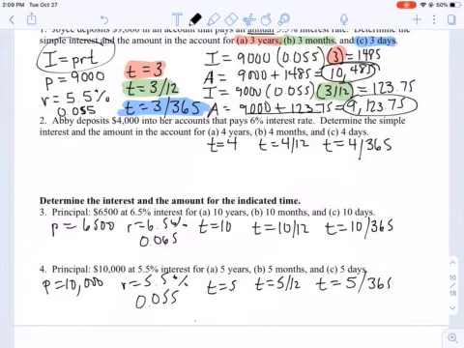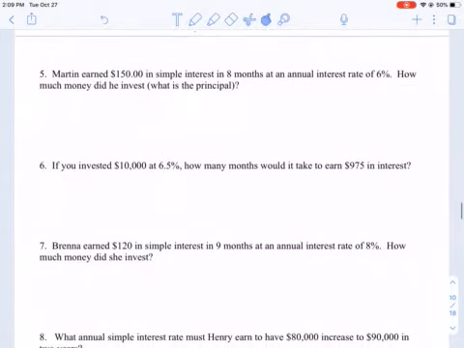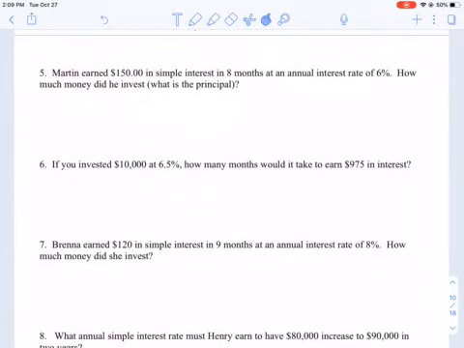Okay, so sometimes we might know the time, we might know the rate, but we don't know the principal. Or maybe we know the principal and the rate, but we just don't know how long it's been in the bank for. So let's look at a couple of those. So remember, interest is principal times rate times time.